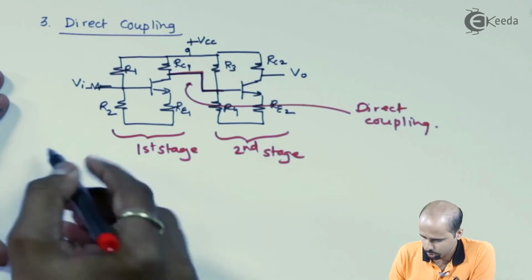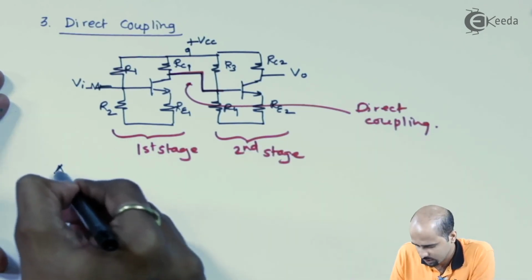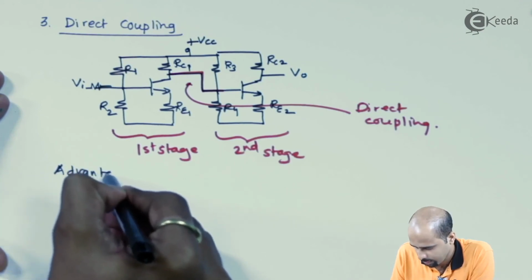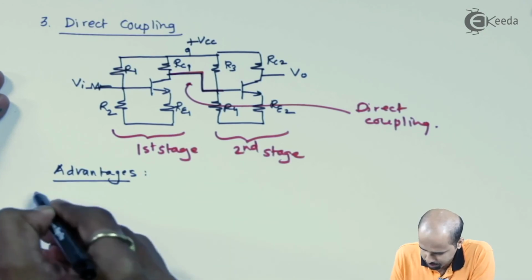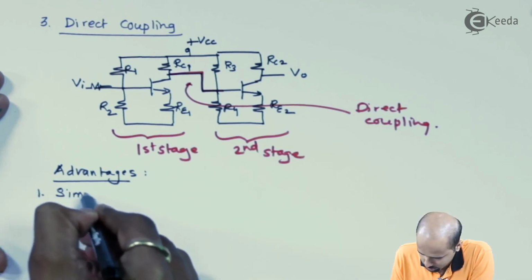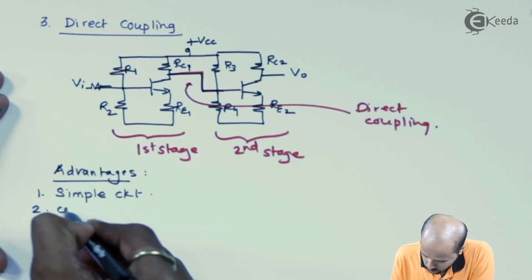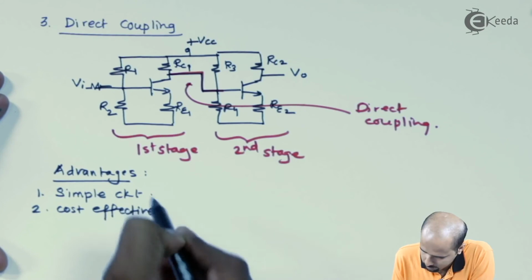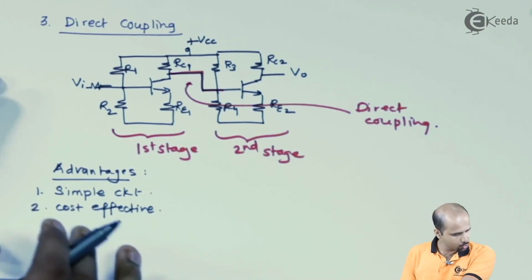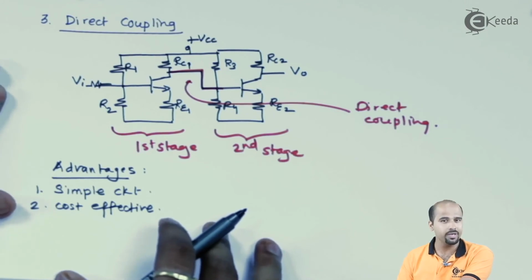Okay, so let's learn again the advantages and disadvantages perspective. Advantages: first, it's a simple circuit. Second, it is also cost effective. Here also we will get good frequency response and good impedance matching as well.